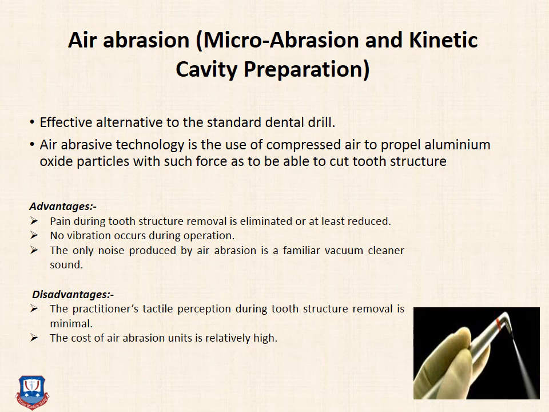The advantage is it is painless. So pain during tooth structure removal is eliminated or at least reduced. There are no vibrations during the cavity cutting, and the only noise produced by air abrasion is similar to a vacuum cleaner sound, so the child will have less fear from it.